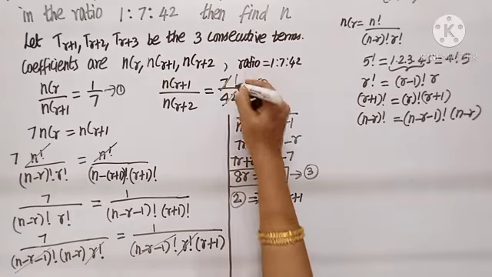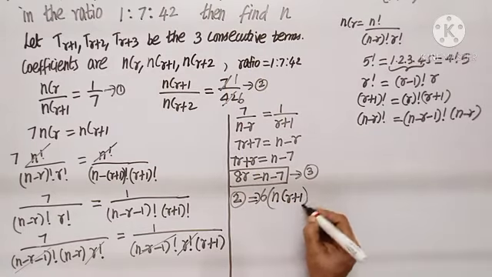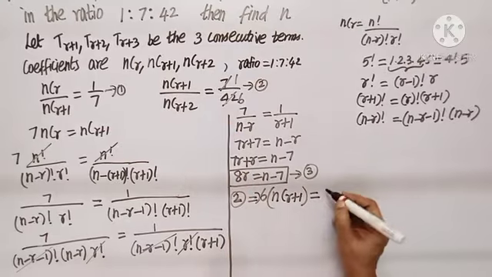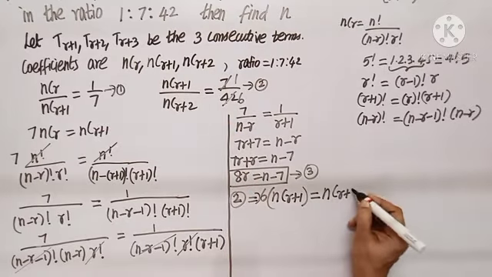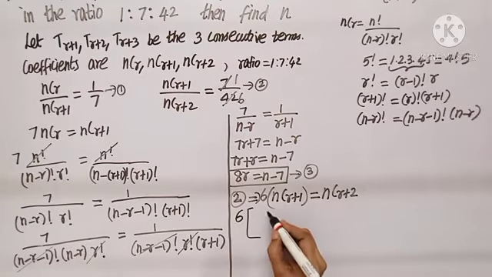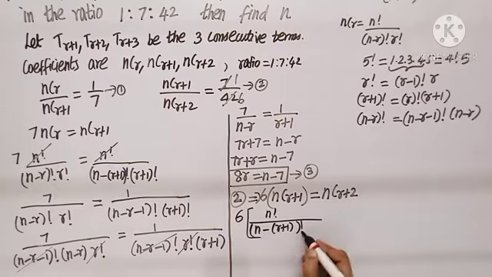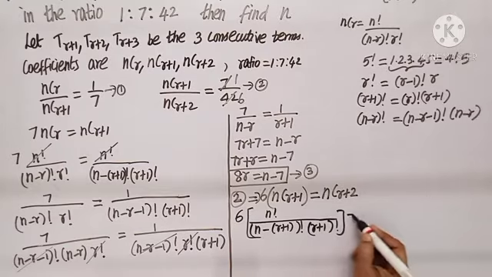I can cancel, which is 1 by 6. 6 into nC(r+1) equals nC(r+2). Applying the formula here, 6 into n factorial by (n minus r minus 1) factorial into (r plus 1) factorial.